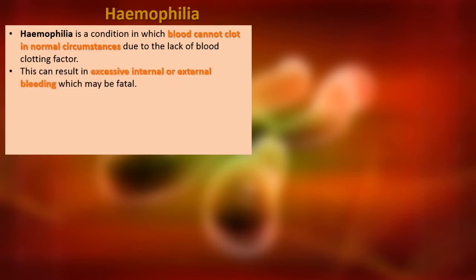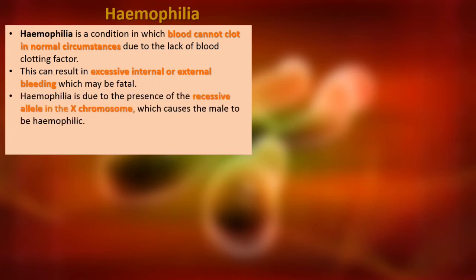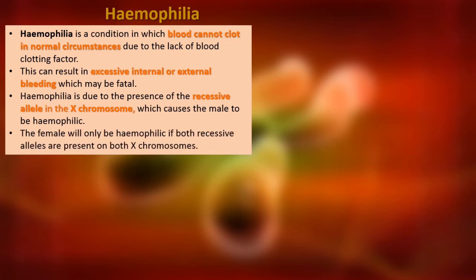So hemophilia is due to the presence of recessive allele on X chromosome, same as colorblind, which causes the male to be hemophilic. The female is only hemophilic if both recessive alleles are present on both X chromosomes. Okay, so same as colorblind. So we just change the letter.